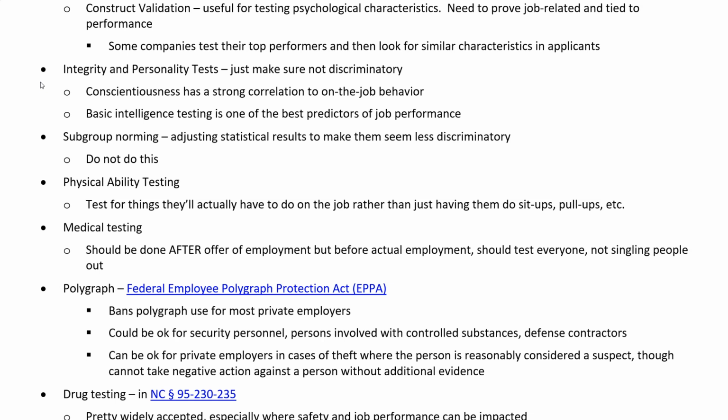Maybe I can create a personality test that tests for conscientiousness, and we want to hire people who score high on that. Things like basic intelligence testing, also another predictor of job performance, probably also going to be fine. So we just have to make sure that the test is actually testing for those things in a consistent and fair manner, and then we'll be okay.